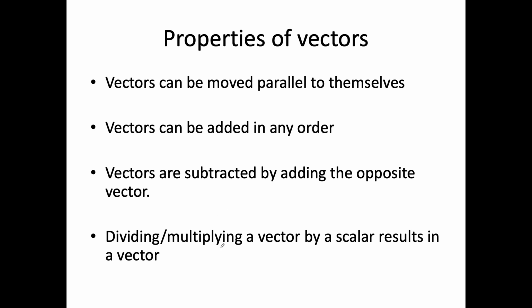Properties of these vectors are going to be interesting because we can move vectors parallel to themselves, back and forth. And vectors can be added in any order. If we have vector A and vector B, I can put A and B like this, or I could put B then A like this, and the resultant is going to be the same.